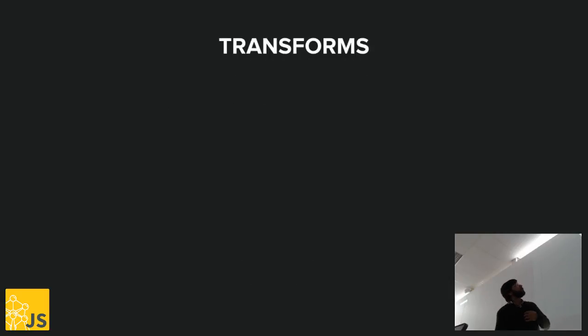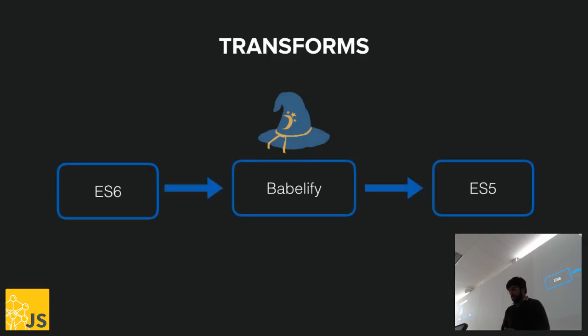Transforms. Browserify has this thing called transforms. Let's say you want to write ES6 for your current application, but obviously browser support is not that good. It's getting better. But let's say you want to support older browsers as well. So you would want to use something called a transform. Browserify has this transform called Babelify.